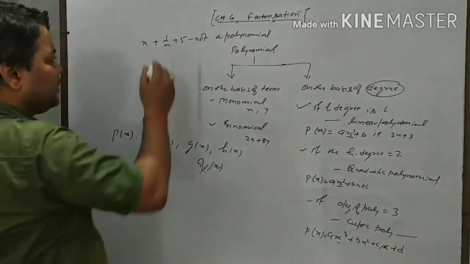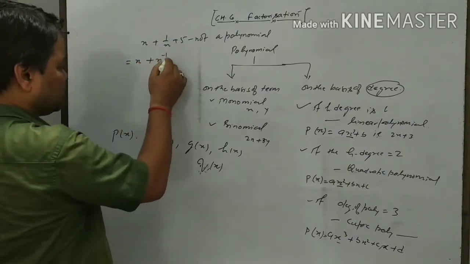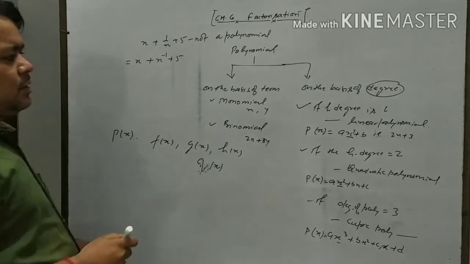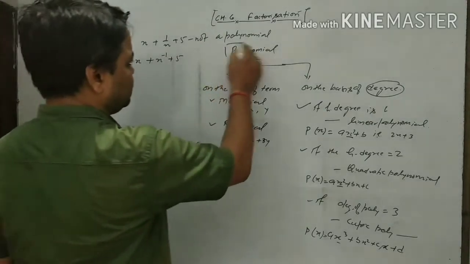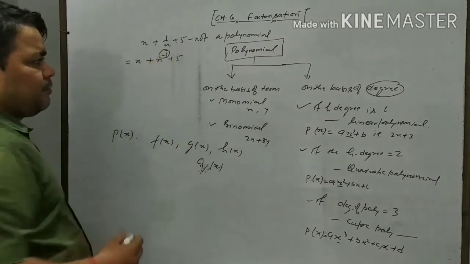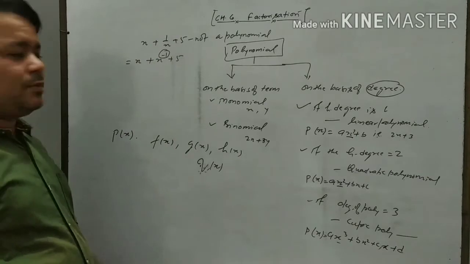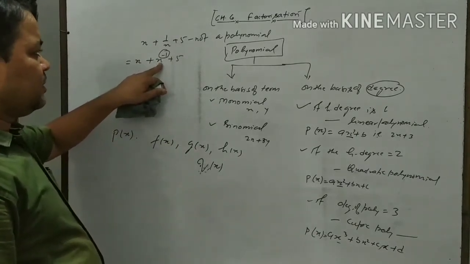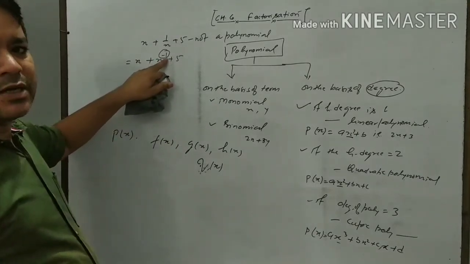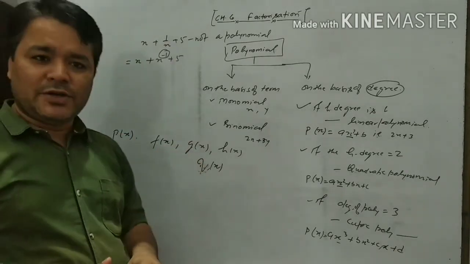Why? Because this can be written as x plus x raised to the power minus 1 plus 5. For a polynomial, the degree of any term should not be negative. But here, in the second term, the degree is negative, that is minus 1. Therefore, it is only an algebraic expression but not a polynomial.